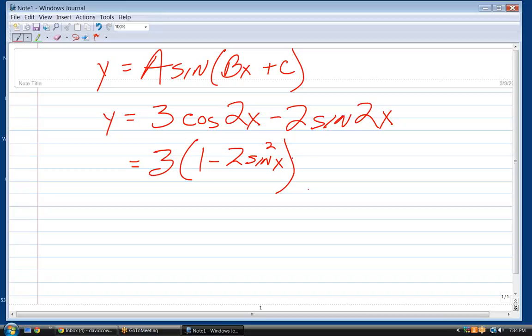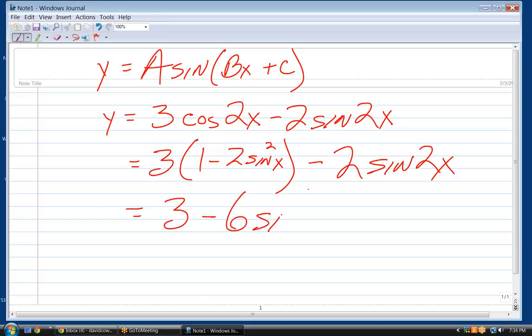Now, does that help things? Yeah, it kind of does, I think. Let me think for a second. So if we distribute this, we get 3 minus 6 sine squared x minus 2 sine 2x.